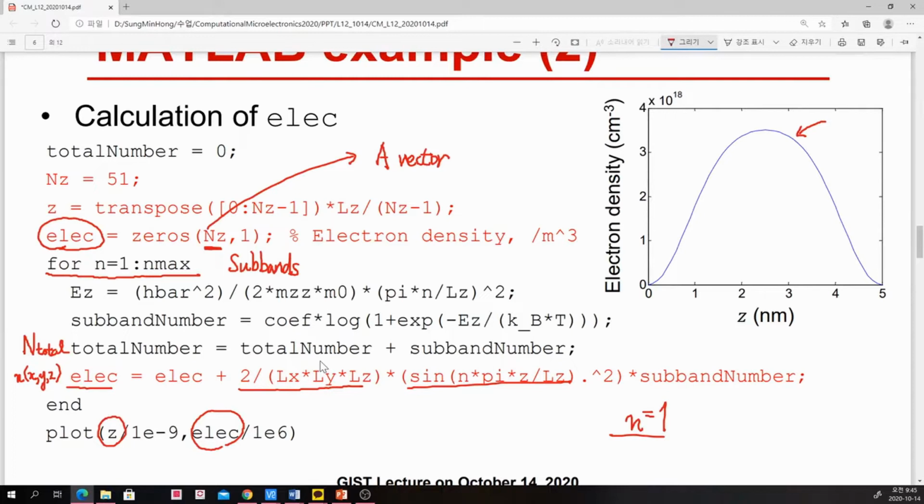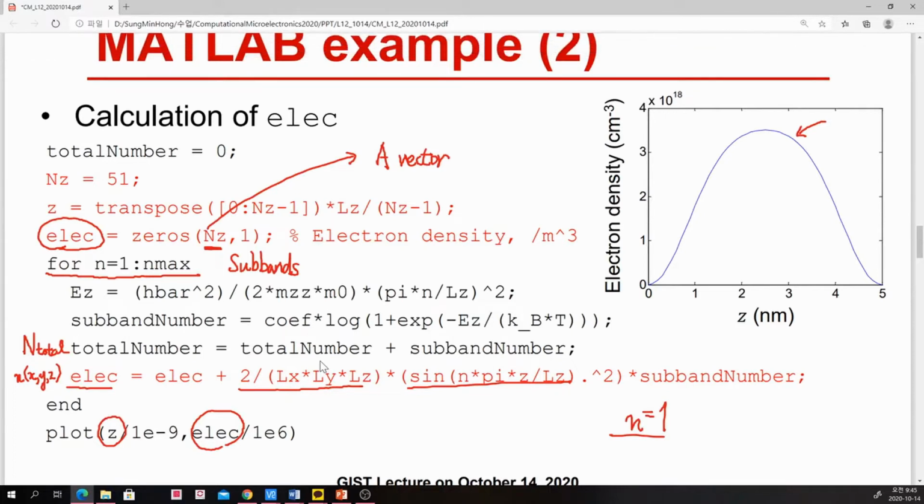And if you increase the Fermi level over 0 electron volt, then you will find that there will be many different subbands contributing to your electron density. The shape will look quite different from this.